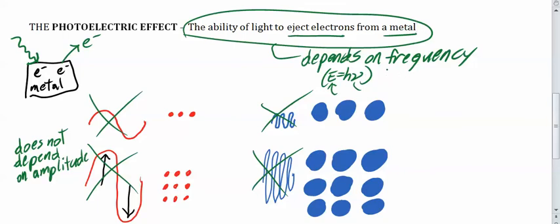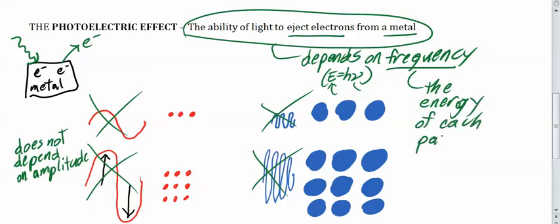So the ability to knock electrons from metal depends on frequency, it depends on the energy of each particle. So tiny little particles, low frequency, low energy, do not knock out electrons. But big particles, high energy, high frequency, do knock out electrons. That's evidence that light behaves like particles.